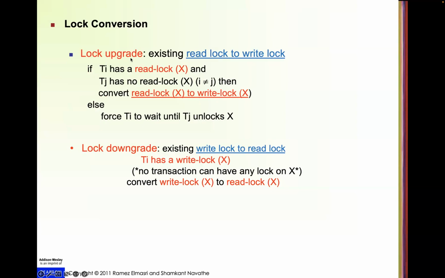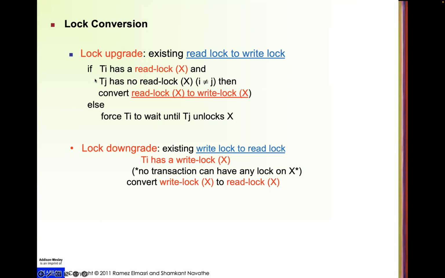If Ti has a read lock and Tj has no read lock, where i is not equal to j, then convert the read lock on X to the write lock on X. Else force Ti to wait until the transaction Tj unlocks X. So this is called lock upgrading, changing the lock type from read lock to write lock.